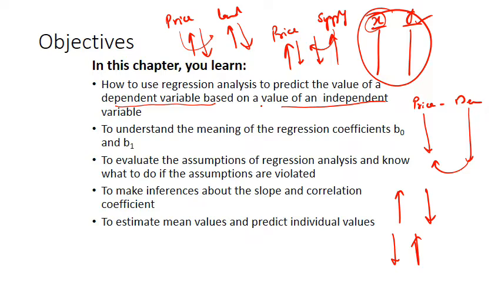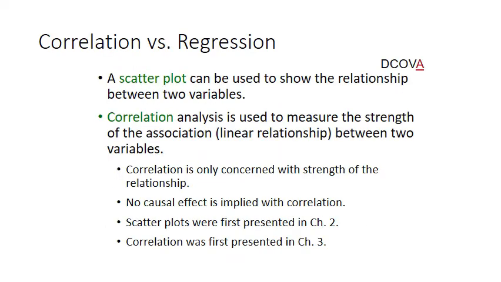So in this way, from these three examples, you can analyze that it is not necessary that every time price is independent, so it depends upon the situation. So you will be given two variables, you need to decide which one is the dependent and which one is the independent variable.